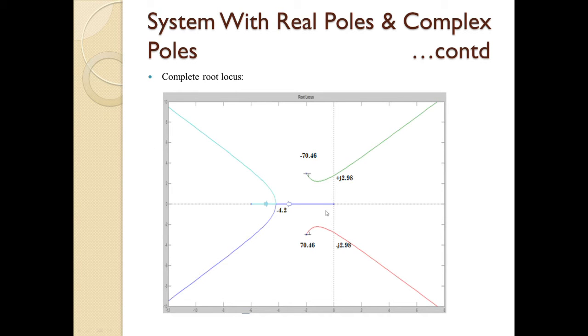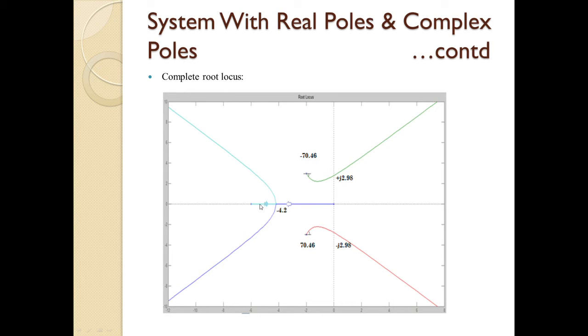So, here we can see these are the pole locations at 0, then minus 2 plus j3, this one is minus 2 minus j3 and this is minus 6, and it has four branches. The real poles are at 0 and minus 6, whereas minus 2 plus j3 and minus 2 minus j3 are the complex poles.